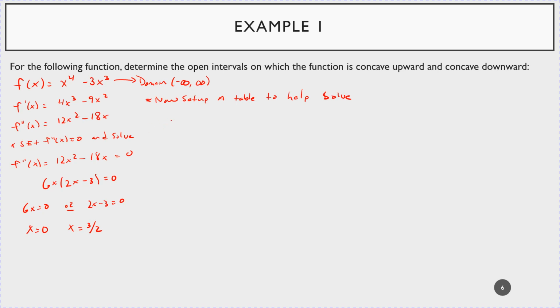You start with your intervals: from negative infinity to 0, then from 0 to 3/2, and then from 3/2 to infinity. A little bit of a typo there: 3/2 to infinity.